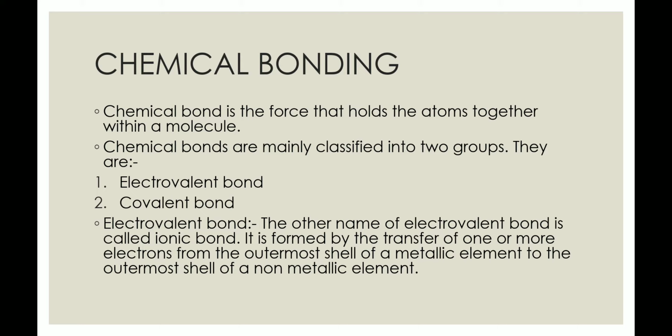Chlorine has 7 electrons in the outermost orbit. Sodium donates one electron to chlorine so that the number of electrons in the outermost orbit of sodium is 8 and the number of electrons in the outermost orbit of chlorine is also 8. So there is a formation of the bond between sodium and chlorine to form a compound sodium chloride.